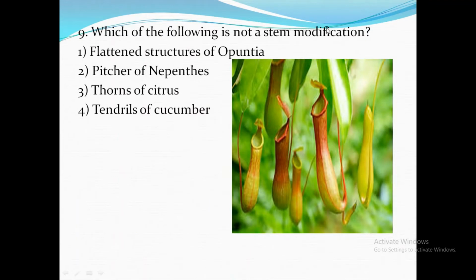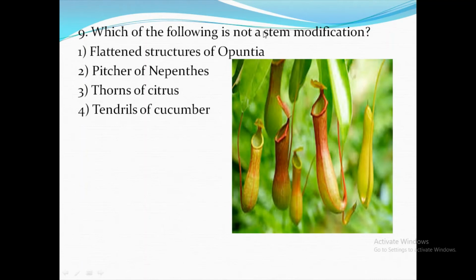Which of the following is not a stem modification? Flattened structure of opuntia is nothing but stem. Picture of Nepenthes. Nepenthes is an insectivorous plant, and for engulfing the insects and absorbing nitrogen from their body, the leaves are modified into pitchers. So here it is nothing but leaf modification.